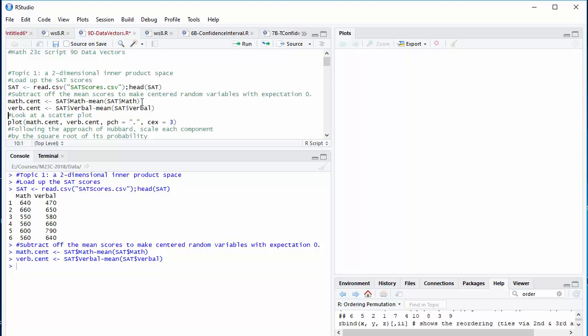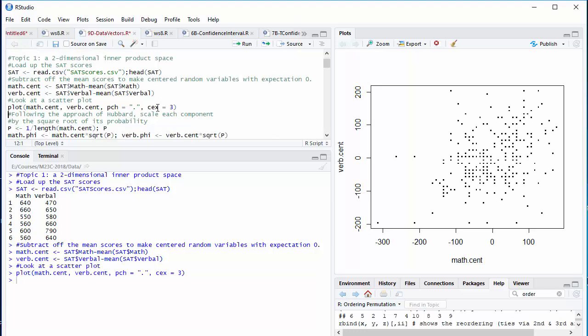The next one will subtract off the mean of the verbal scores from the verbal scores. And we can look at what we've got in a scatter plot with the centered math scores horizontal, the centered verbal scores plotted vertically. And I think you can see there's a general trend toward having high math scores go along with high verbal scores.